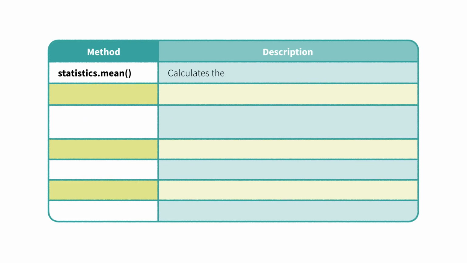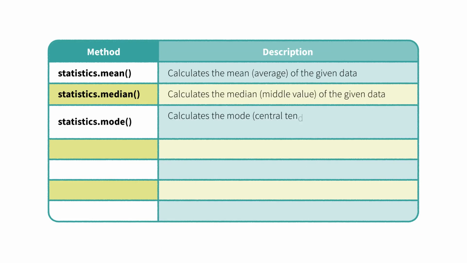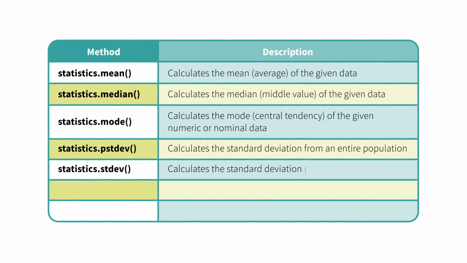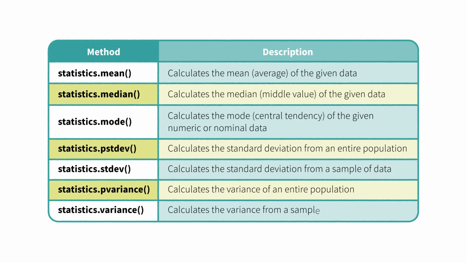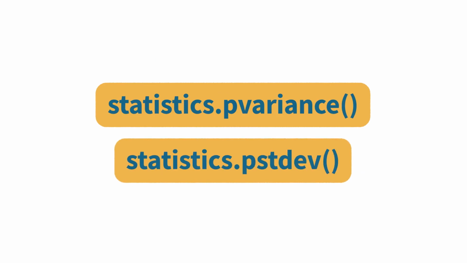Here's a list of some of the methods available from the statistics library. You can easily guess what the method does just by its name. Since we are dealing with a population dataset and not a sample, we will use the pvariance and the pstdev methods to get the variance and standard deviation.